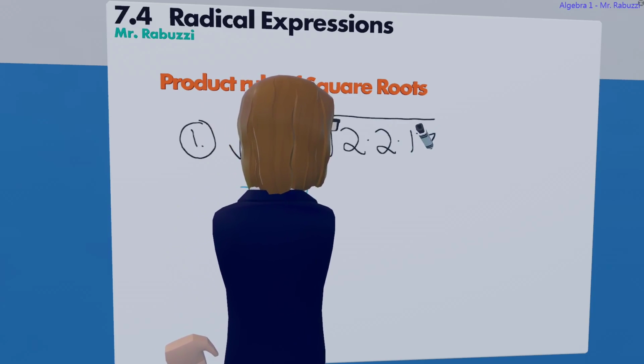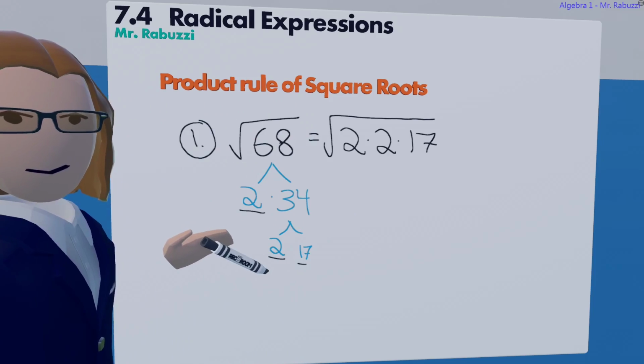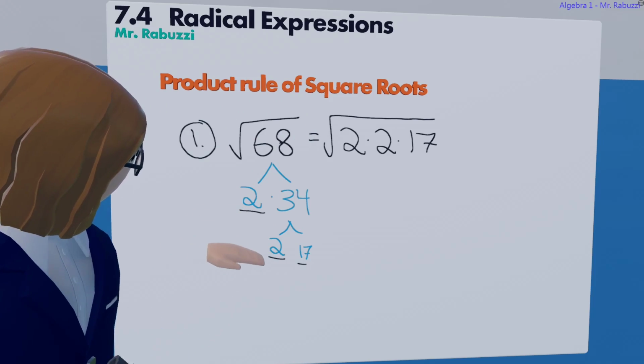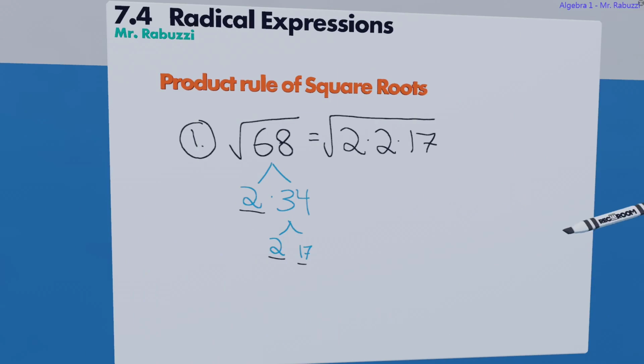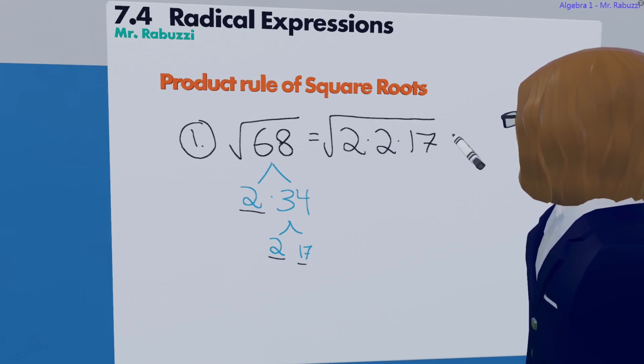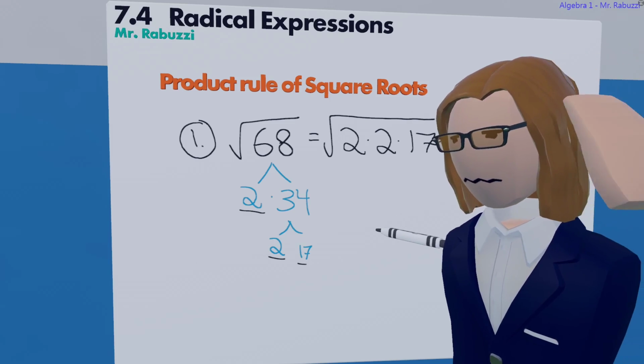So when you get to the end of your splitting tree here, your factorization tree, you take whatever's at the ends, and that's your factors. So now we can split it up some more. And I remember the rule from the other board.